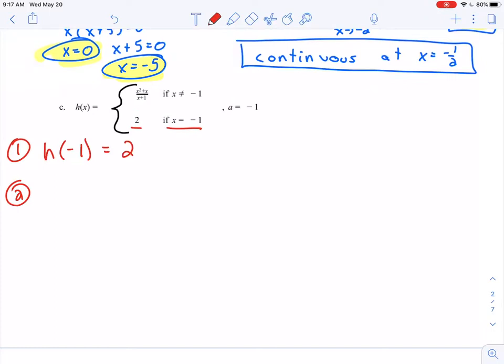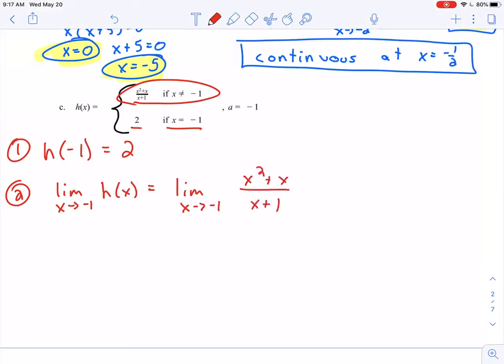So here in this case, if I wanted to look at the limit as x approaches -1 of h of x, I'm going to be looking at this part. So I'm going to look at the limit as x approaches -1 of x squared plus x all over x plus 1. I look at this and I say, boy, that numerator looks like it can be factored, and I'm going to just see if I can factor that now to save myself some trouble later.